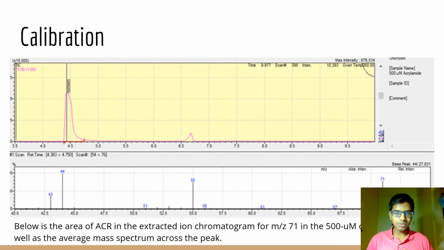So if other samples show peaks at 71 and 44, those will be directly correlated with the concentration of acrylamide. Based on the height of the peaks, which is on the top graph, we'll be able to determine the exact concentration of acrylamide, and the area of the peak will also let us determine the concentration.